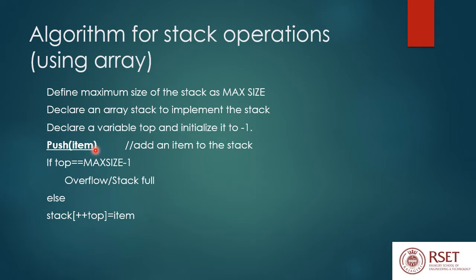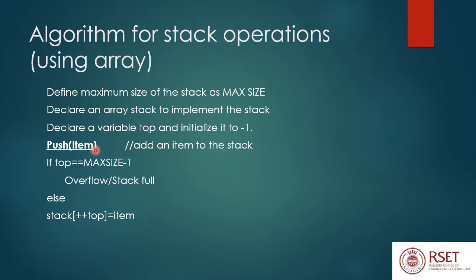Okay. So the algorithm for pushing the item is, if you want to push an item into the stack, the first thing you will check is whether you have space inside the stack. How will you check whether you have space inside the stack? That is, does your top point to the maximum size of the array? If the top indicates the maximum size of the array, that means you cannot insert or push more elements into the array.